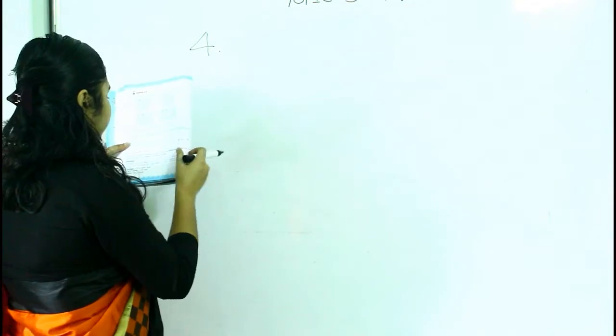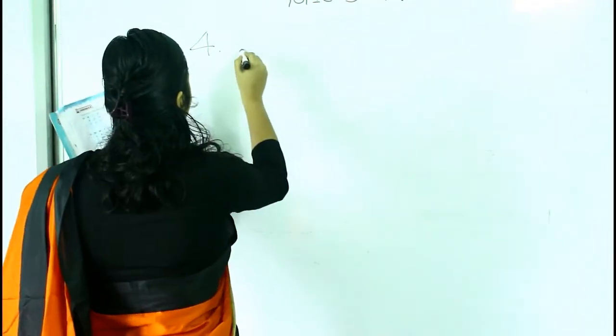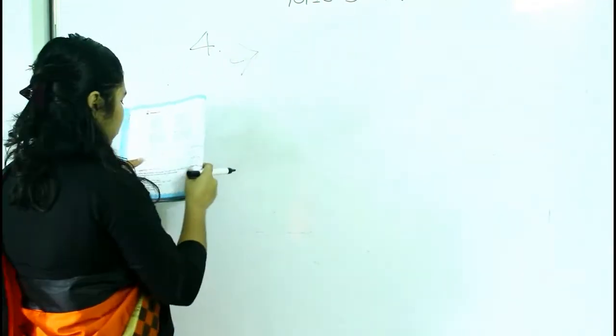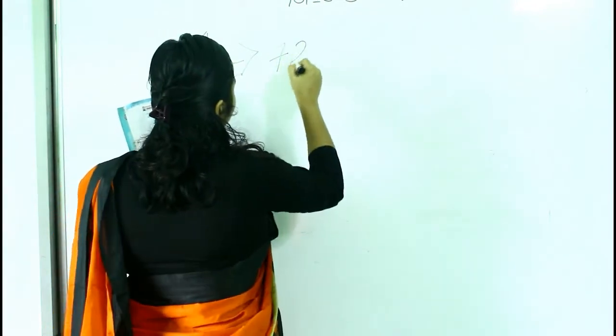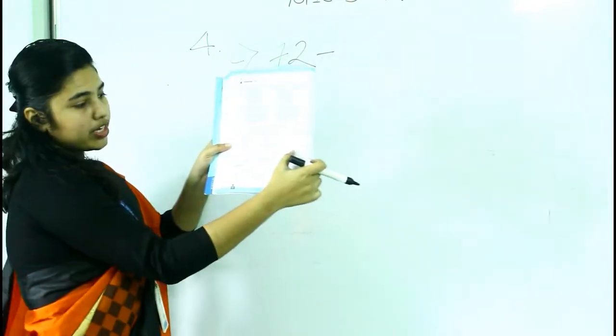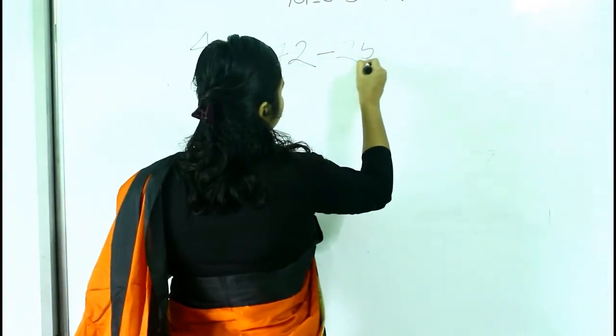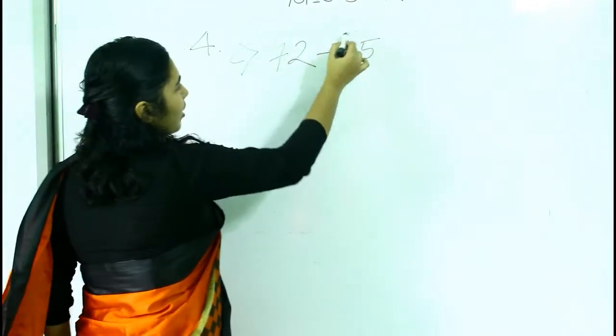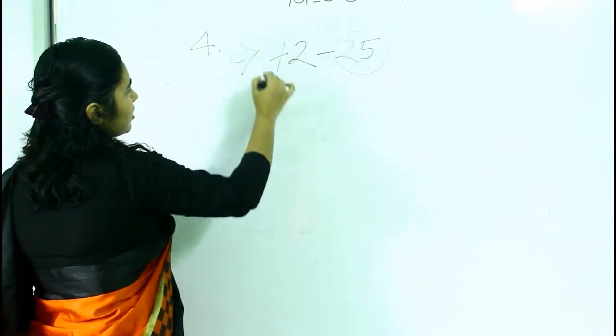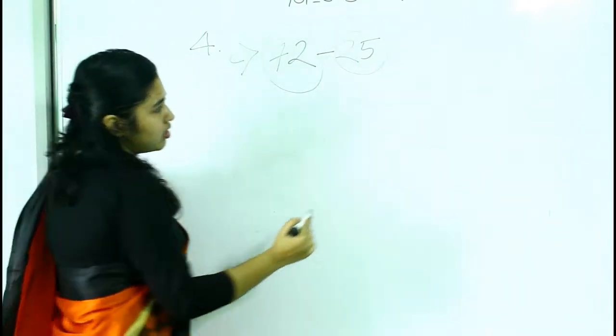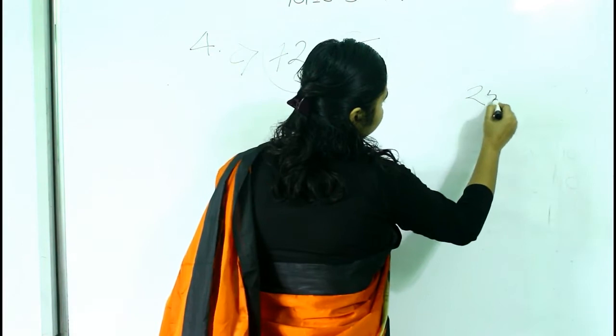Take next example, next problem. See, here we have to subtract 25 from 72. 25 is a smaller number as 72 is a bigger number. So take first 25.